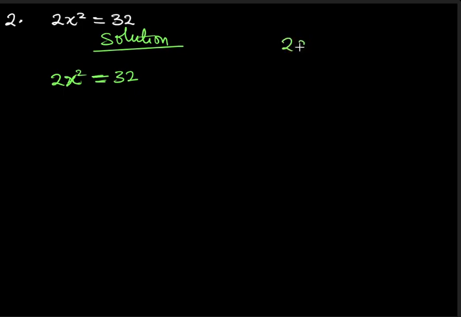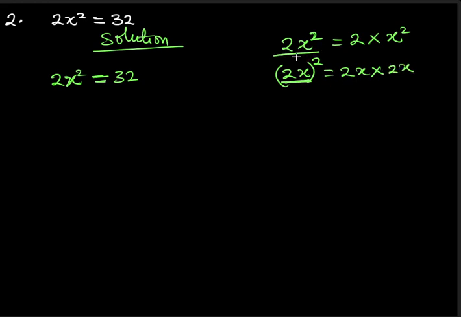Let's look at this: 2x squared, and 2x in brackets, then squared. In the first case, this is like saying 2 times x squared. The square is only touching the x. And in the second case, the square is touching both 2 and x. This is the one where we have 2x times 2x. So we are in the first one, where the square is touching only the x.